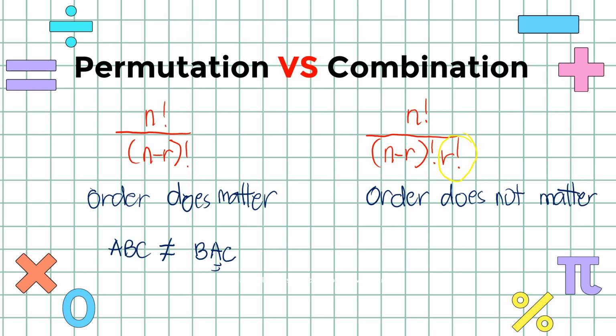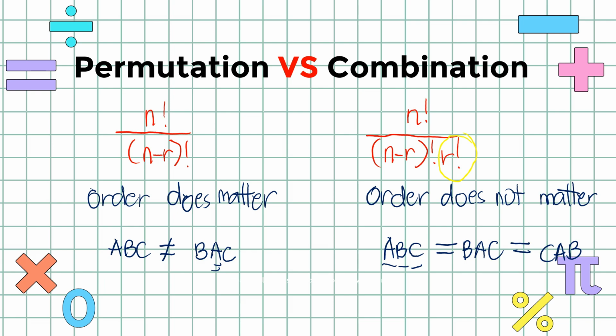Whereas in combination, if you give me the order ABC and the order BAC, this will be counted as 1. Or we may have CAB. So the idea in combination is that giving me these three subjects will be the same regardless of their position. Alright? Now you will understand this further through a specific example.